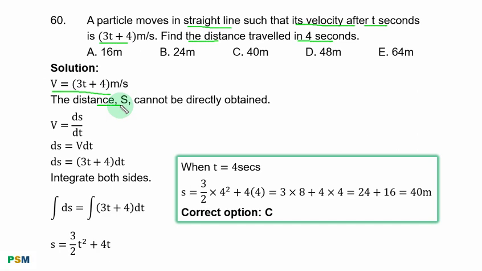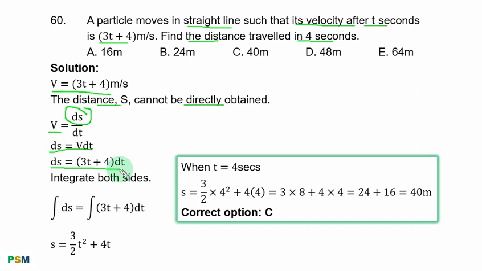Distance s cannot be directly obtained, but velocity is equal to ds/dt, that is change in distance to change in time. From this place, we can get distance. So let's clear the fraction by using dt to multiply through. You have ds equal to v dt. You replace v with what it stands for.